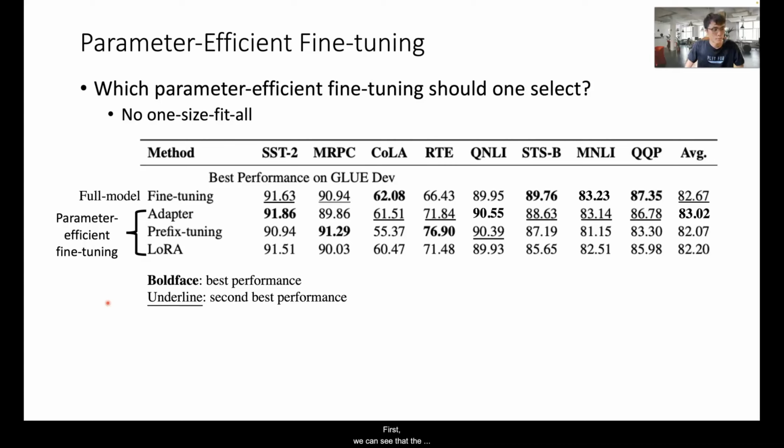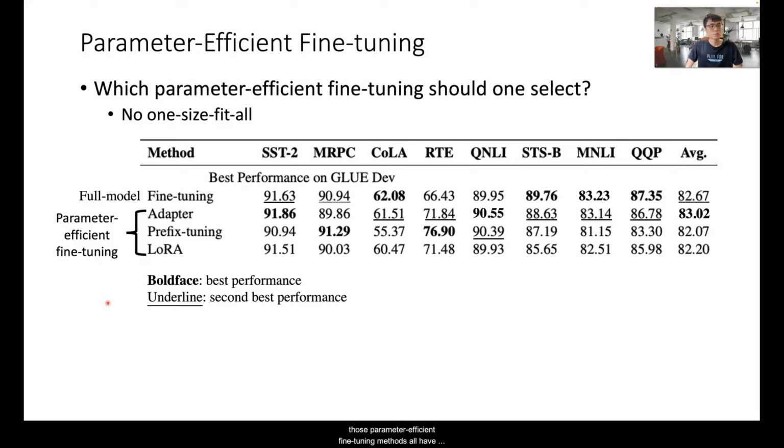First, we can see that the performance of parameter-efficient fine-tuning closely follows the performance of full model fine-tuning, and sometimes an adapter can surpass the performance of full model fine-tuning. However, there is no parameter-efficient fine-tuning method that consistently performs the best on all the datasets, so one may need to test all the different kinds of parameter-efficient models to find the best one.